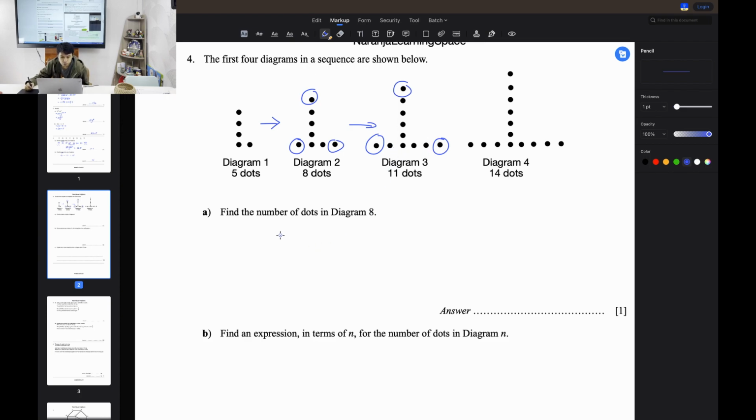Part A, find the number of dots in diagram 8. Diagram 1 is 5, 2 is 8, 3 is 11.